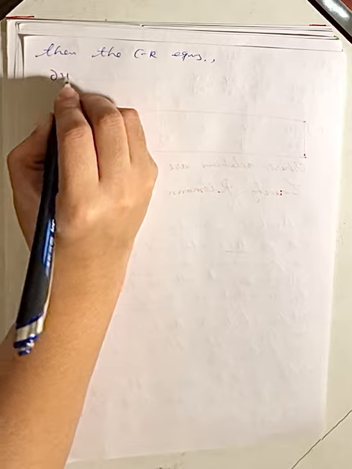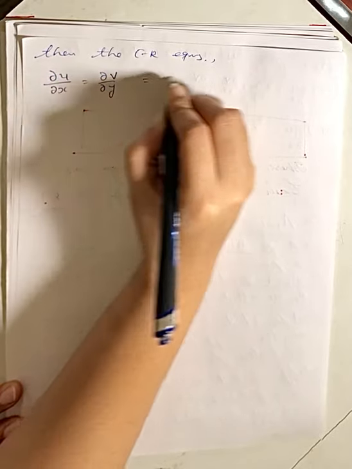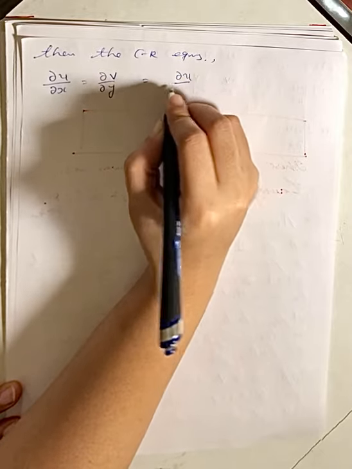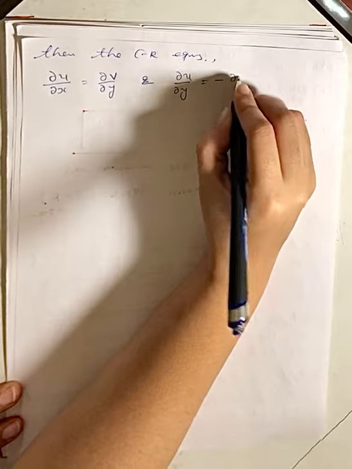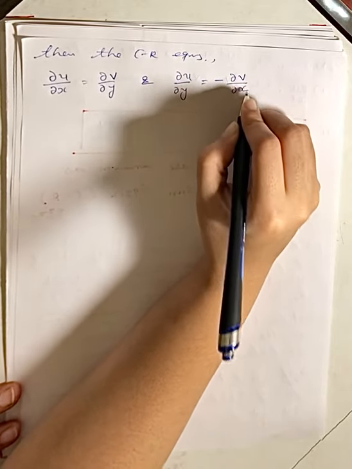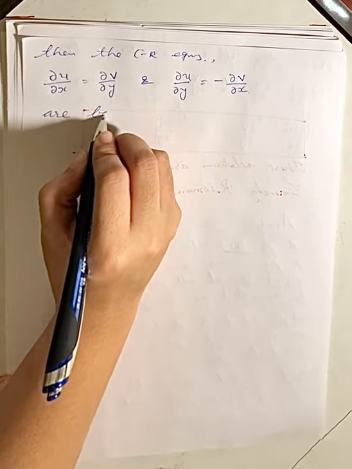The CR equations are del u by del x equals del v by del y and del u by del y equals minus del v by del x.